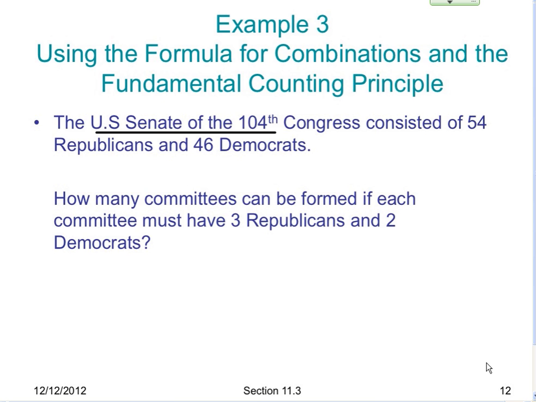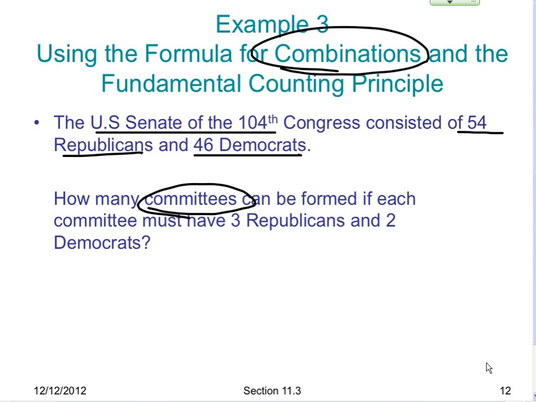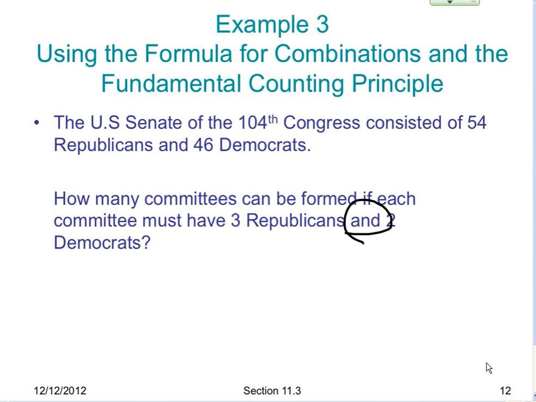U.S. Senate, 54 Republicans, 46 Democrats. How many committees, remember committees are combinations, can be formed? We have to have 3 Republicans and 2 Democrats. Whenever it says and, in math, in probability, and means multiply. So we have 54 Republicans. We need to choose 3 of them.